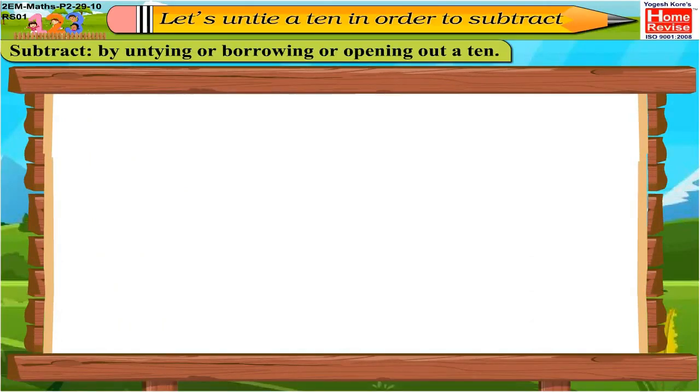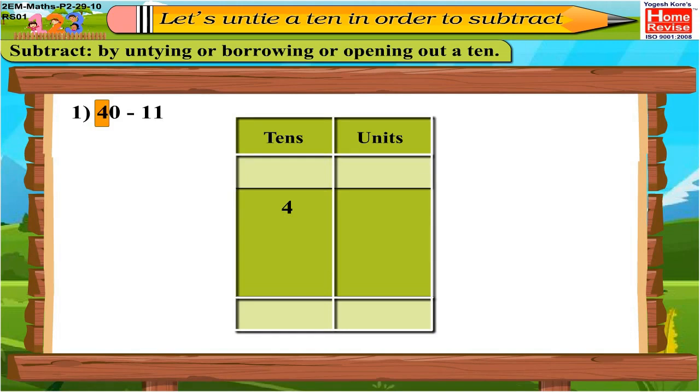Subtract by untying or borrowing or opening out a ten. 1. 40 minus 11. Here we have 4 tens 0 units minus 1 ten 1 unit. But we can write 4 tens 0 units as 3 tens 10 units.